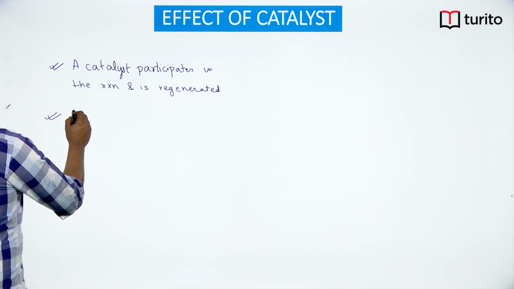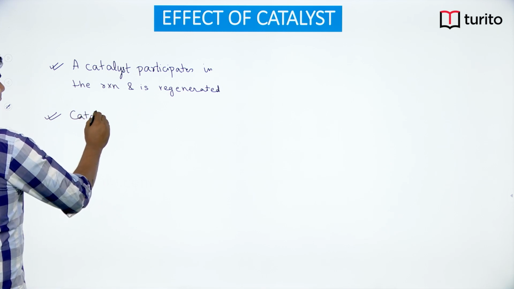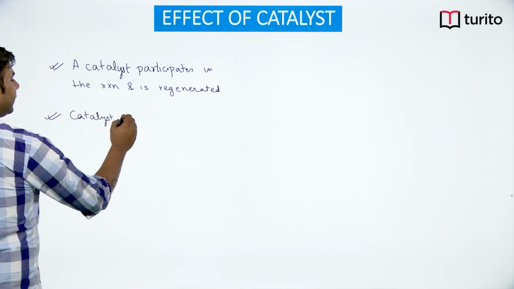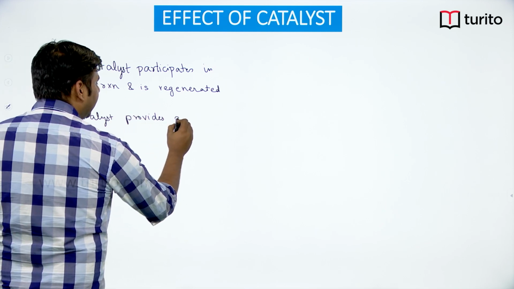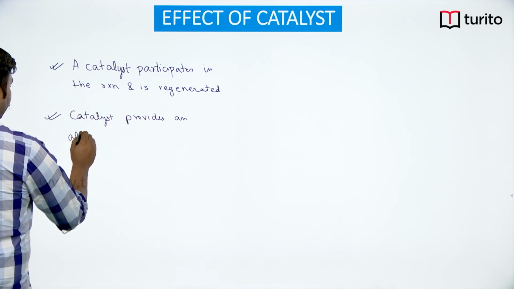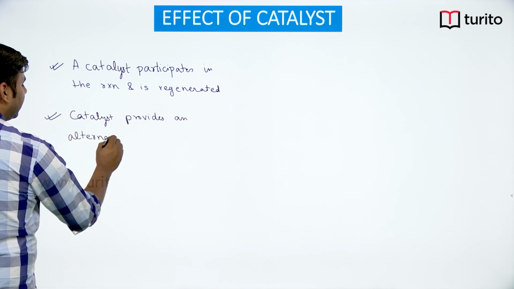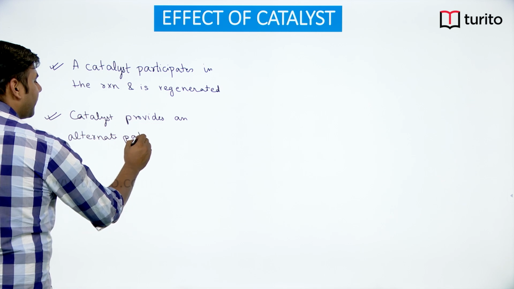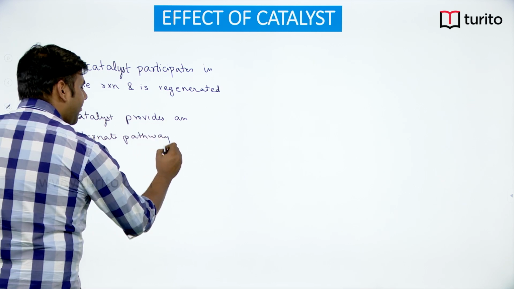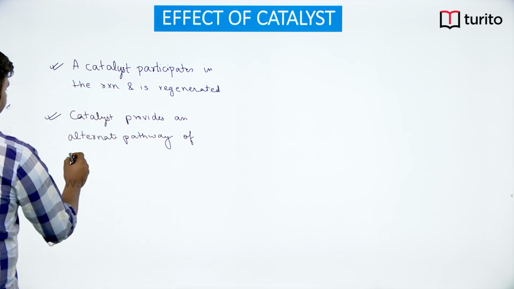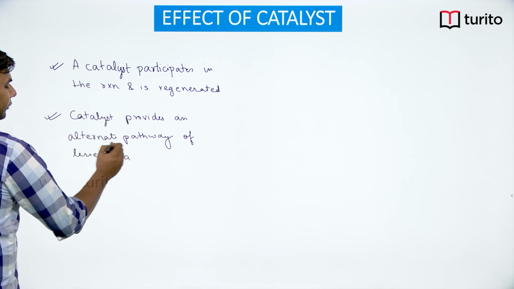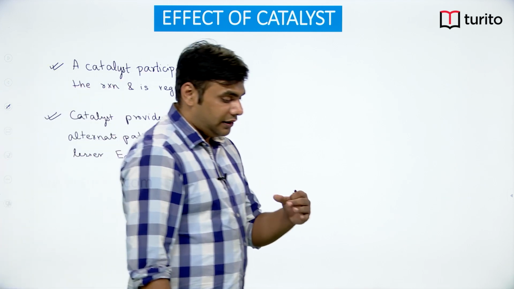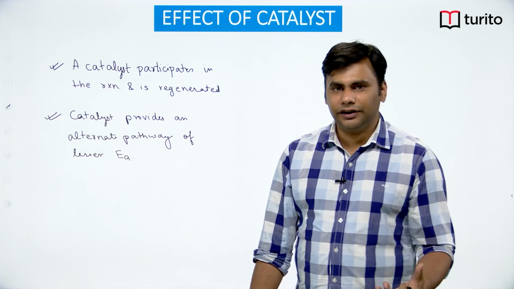So catalyst provides an alternate pathway of lesser activation energy. Okay, so that's what we are saying, that when we are not taking the catalyst, the activation energy was high.